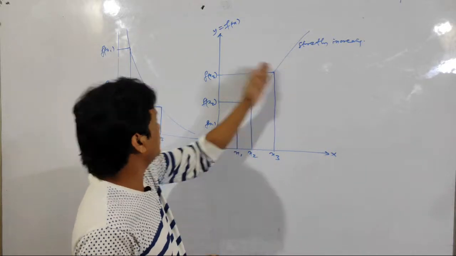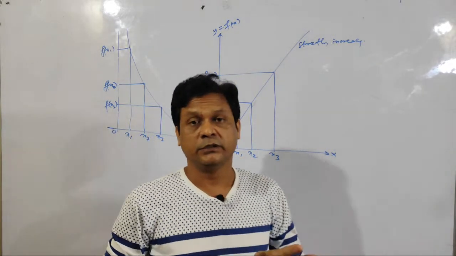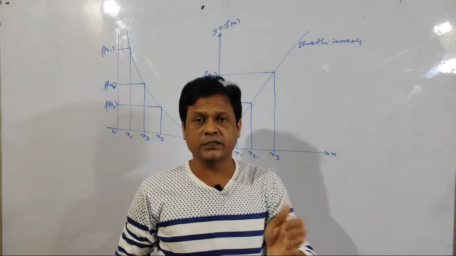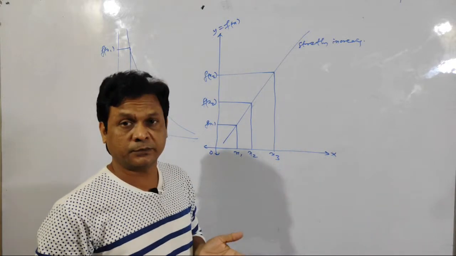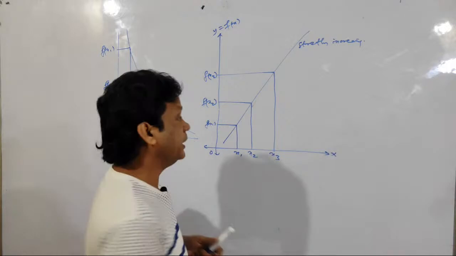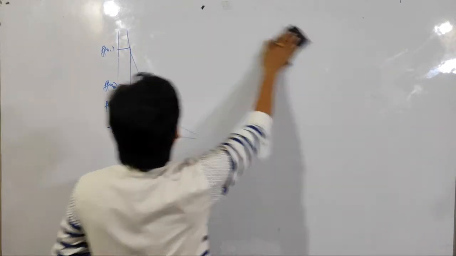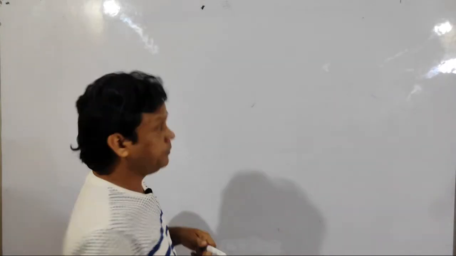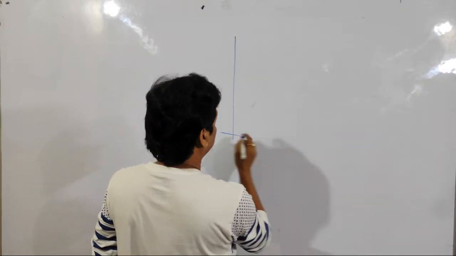So strictly increasing or strictly decreasing is a one-one function. Remember, this is a very important point. Every strictly increasing or strictly decreasing function is a one-one function. And now the question is, what is many-one function? See here, if a function is not strictly increasing or strictly decreasing, like this, see here.